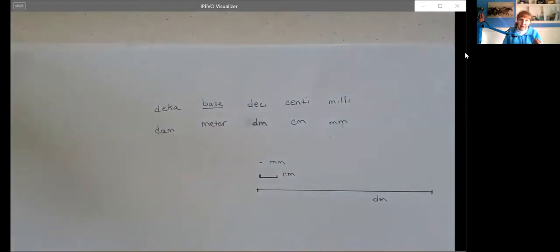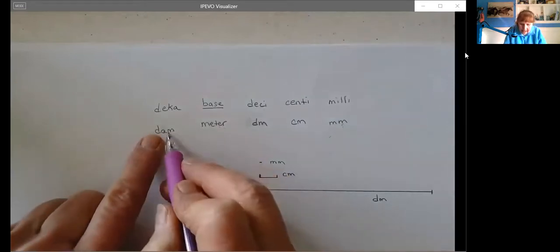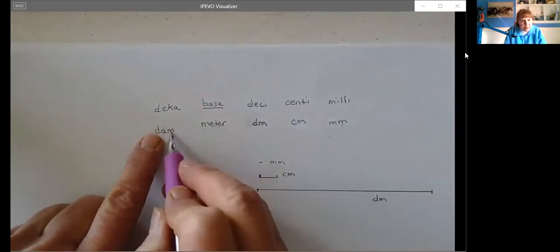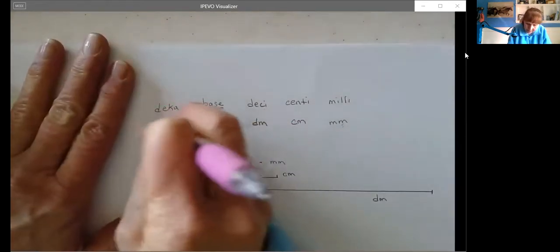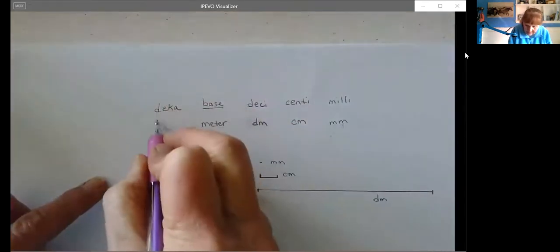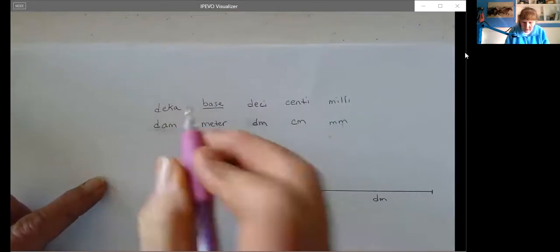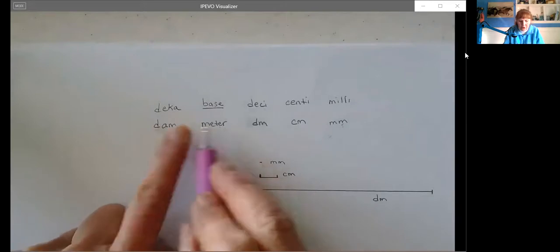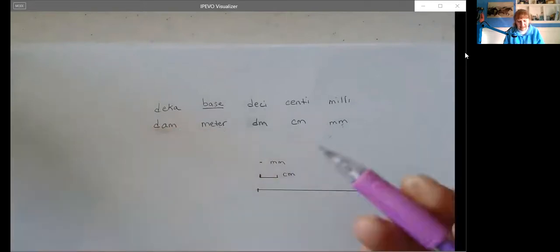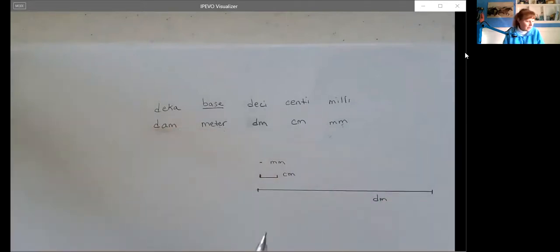Now, a decameter is 10 meters, so this is a little bit larger than a meter. So deca is 10. I'm going to move it up just so it's more even. It takes 10 of these. If you have 10 of these, you have a decameter. And again, it could be used, but not very often.